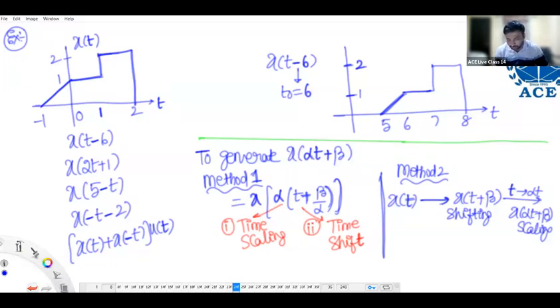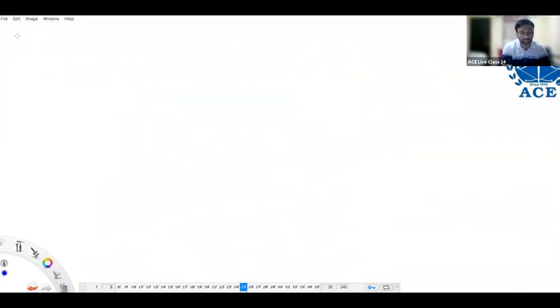Okay. Let us get x of 2t plus 1 by the first approach. Internally, if you take 2 multiplier common, it is 2 into t plus half. First, we are scaling by 2 units. Later on, t minus t naught symbol with t naught equal to minus half.